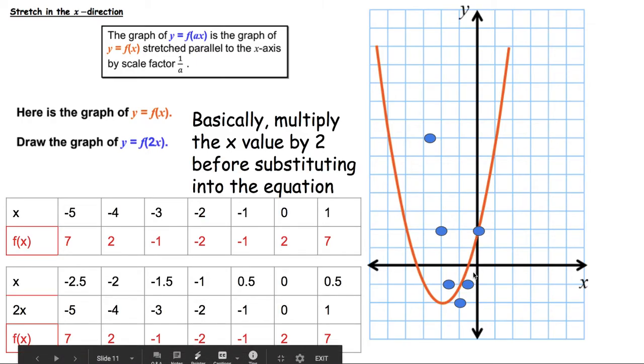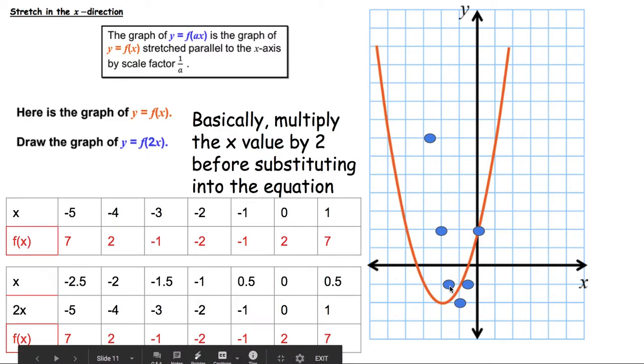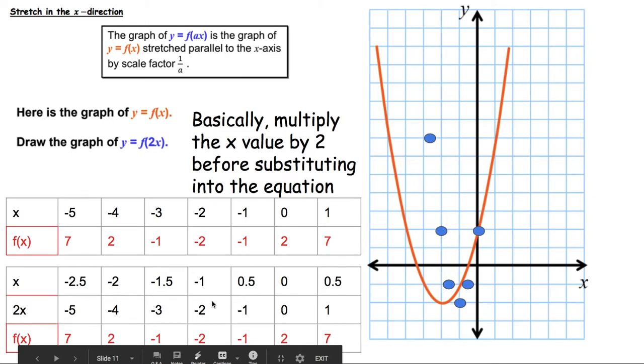If I look at this one here and here, this originally is my minus 1 and my minus 3. And if I halve those x values, because I'm going to double them in a minute, I get minus 0.5 and minus 1.5. So because I'm doubling minus 0.5 and minus 1.5, I'm putting minus 3 and minus 1 in, so I end up with the y value of minus 1 and minus 1.